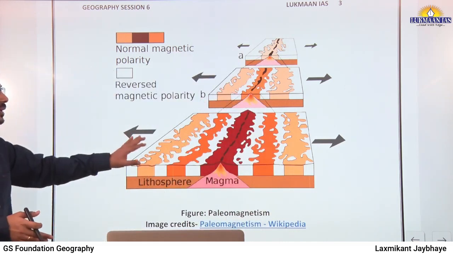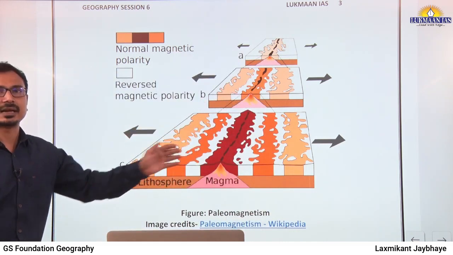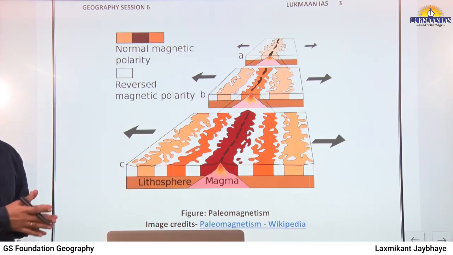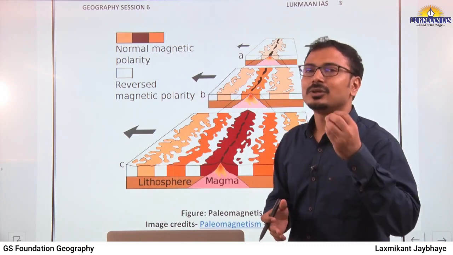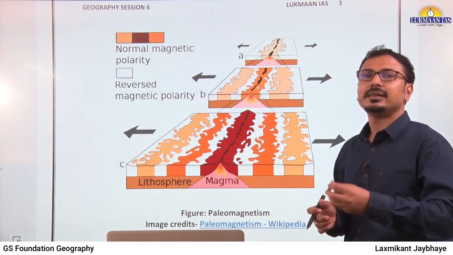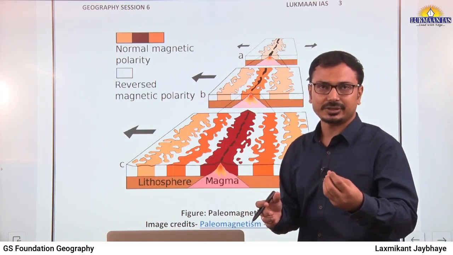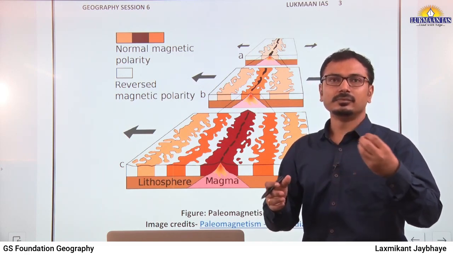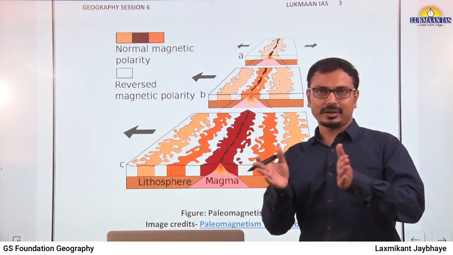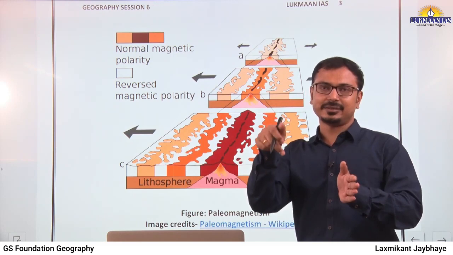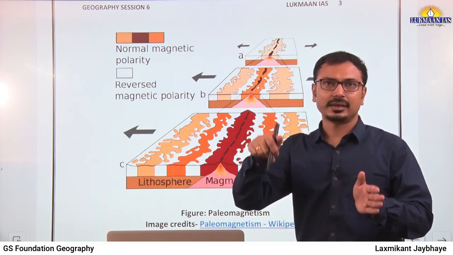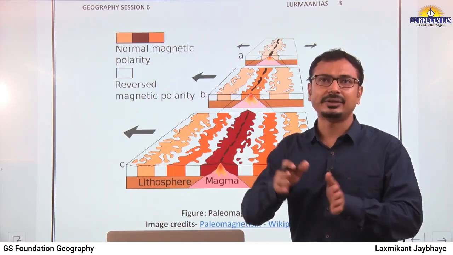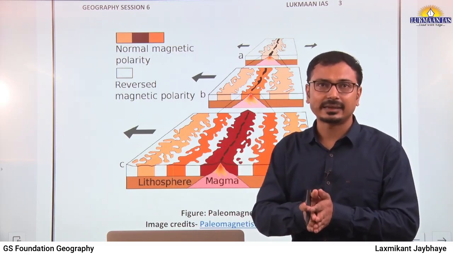This is actually a little bit difficult to understand, so let me repeat that to you. When the rocks are formed in the mid-oceanic region, the magnetic material in that rock gets aligned to the existing geomagnetic properties of the earth, the existing magnetic polarity of the earth at that time.